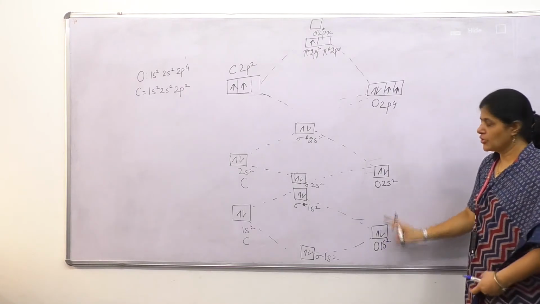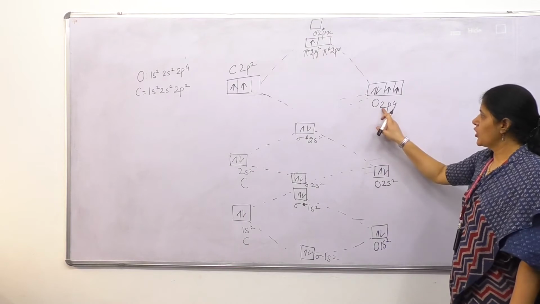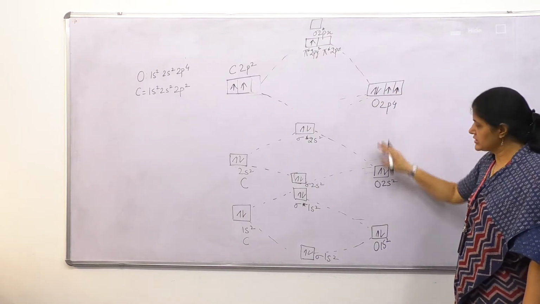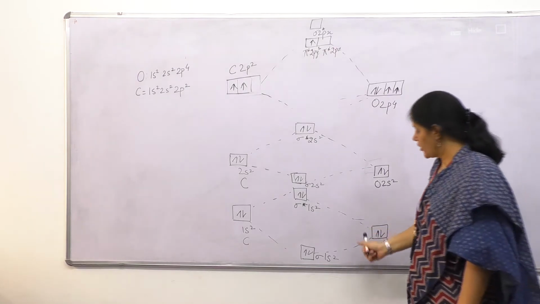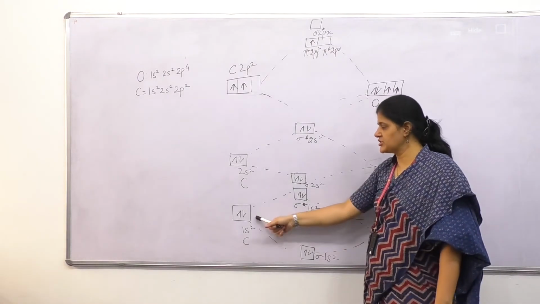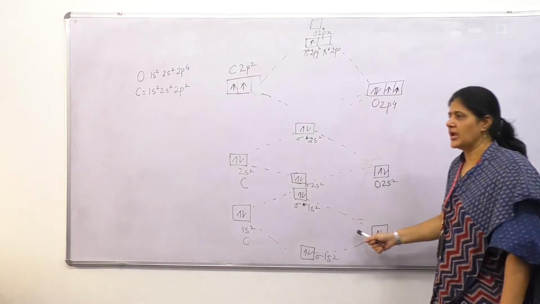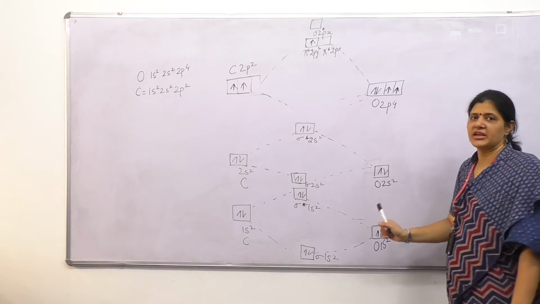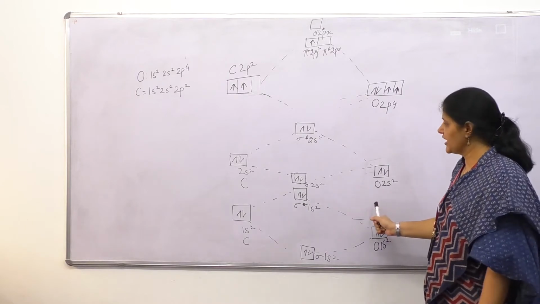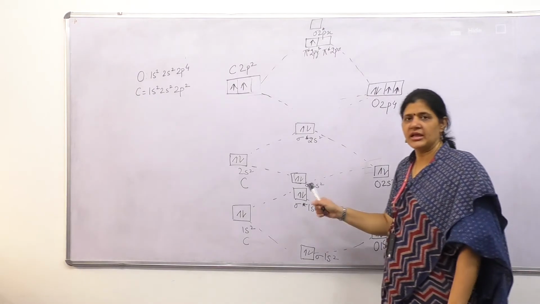Oxygen 1s2, oxygen 2s2, oxygen 2p4. This is oxygen. The same concept will apply here. The oxygen atom will have energy slightly lower as compared to the carbon atom because oxygen is electronegative in nature.